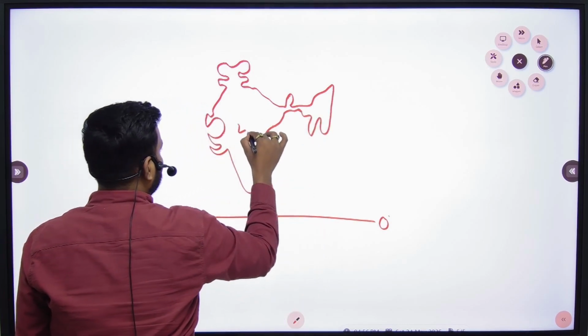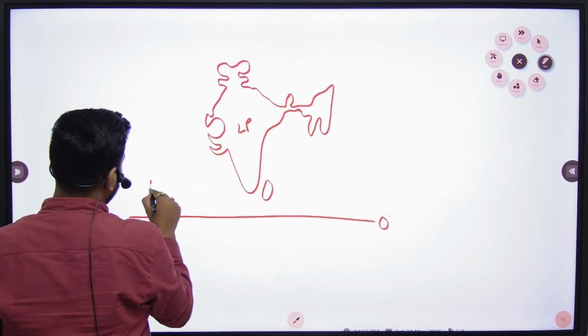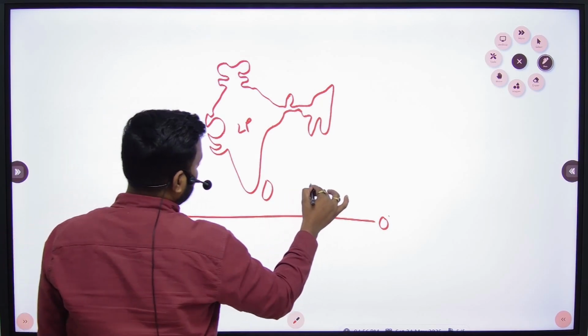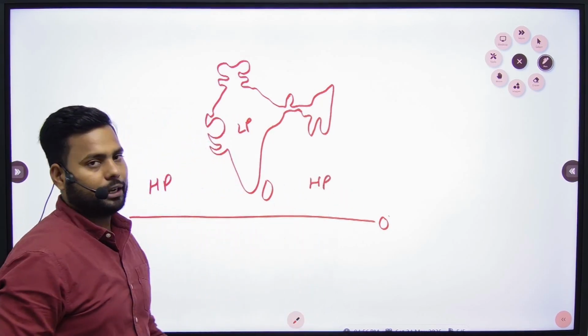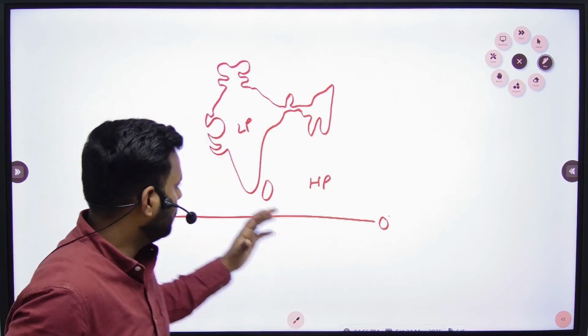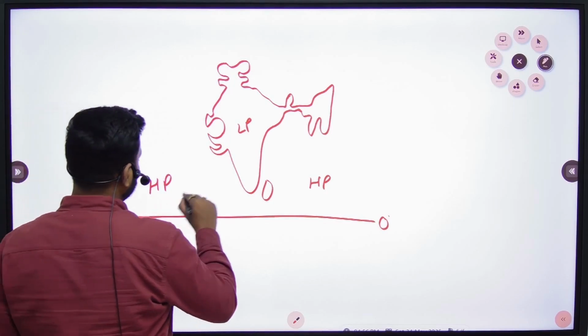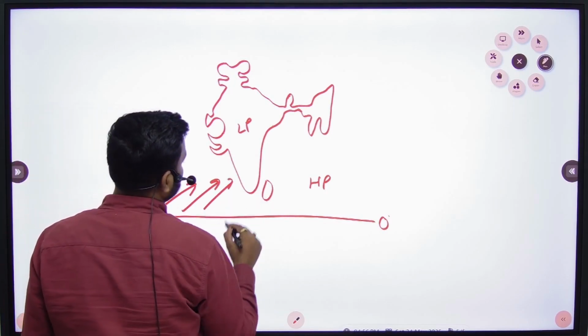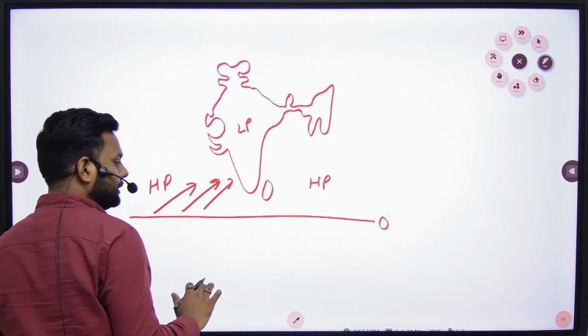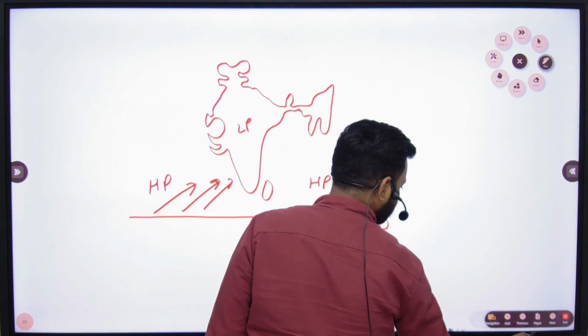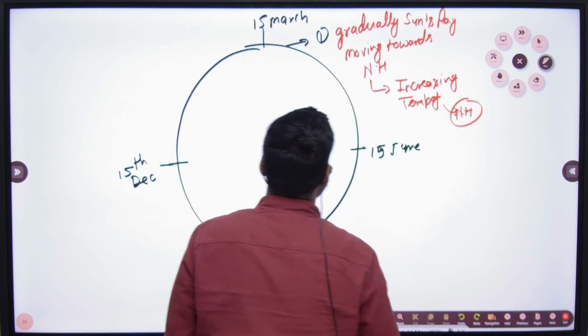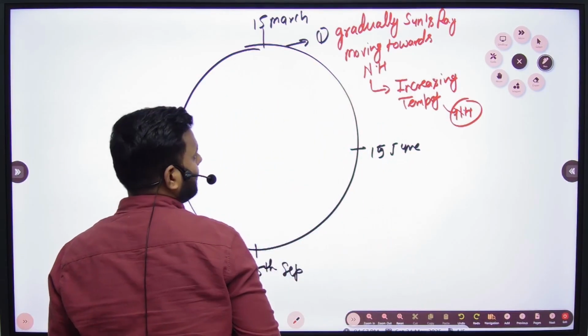Land heats up faster, so it develops low pressure, and water develops high pressure, because water gradually warms and gradually cools. So winds move from high pressure to low pressure. This is the condition from 15th March to 15th June.